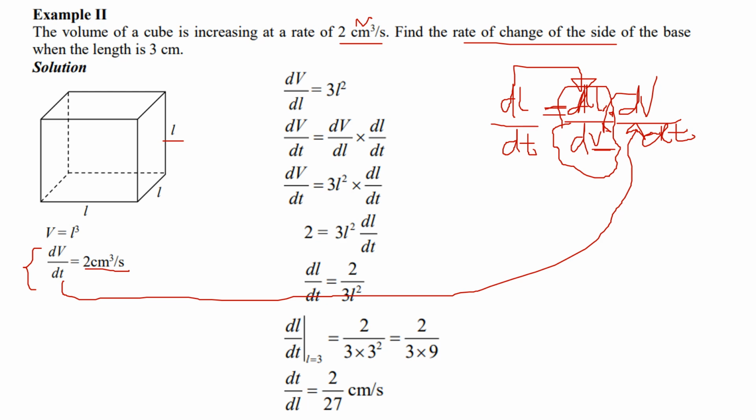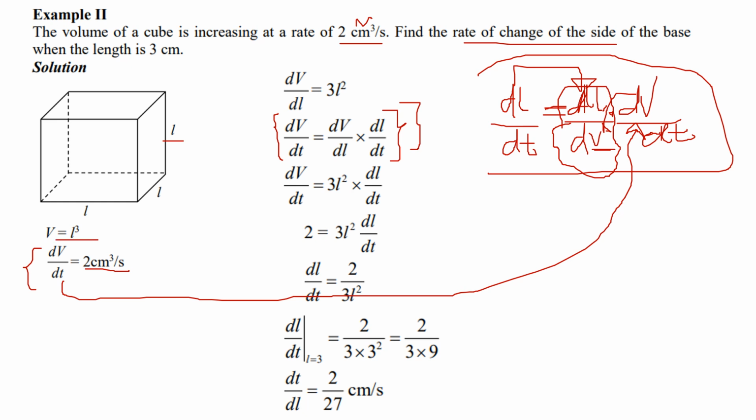So we are going to say that the dV/dt that you have been given is according to this expression. You can either use this expression directly, or you can use this expression. What we need to find is a way of finding dV/dL. We are going to say that volume is given by L cubed. Then what about dV/dL? We differentiate volume with respect to L, and you are going to get 3L squared.